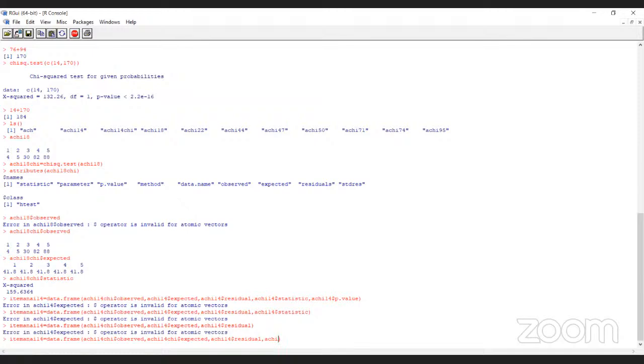Again, for the same thing, this HI4 chi would be there, residual, because your vector name is HI4 chi.